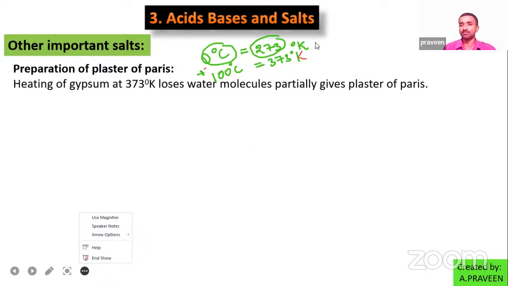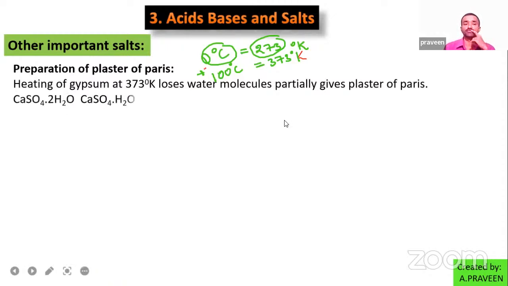Then we'll go for the equation. The gypsum formula is CaSO4·2H2O, which is called gypsum salt.